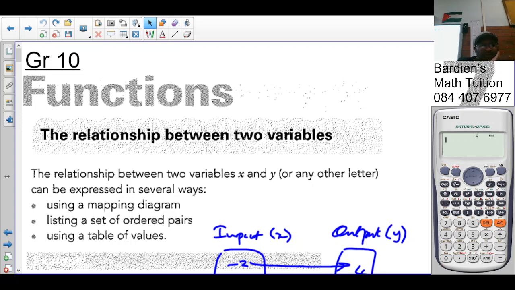So the question here was to use your gradient intercept method to draw the graph on the same system of axes. Okay, so if you look at these graphs, let's get this out here.